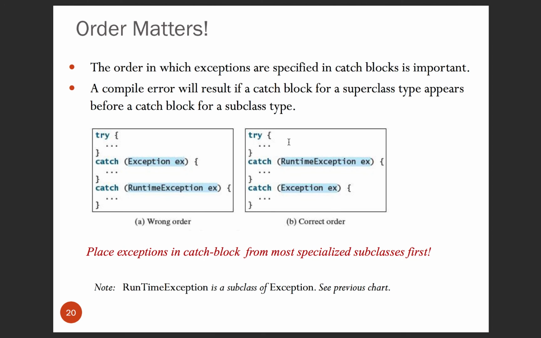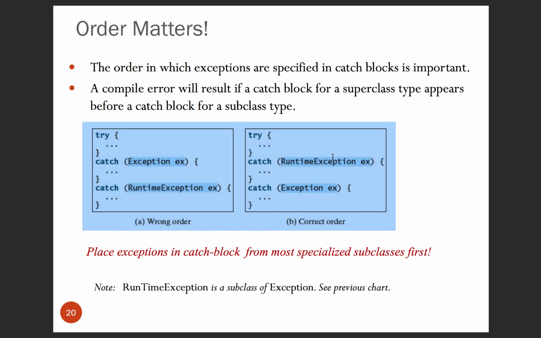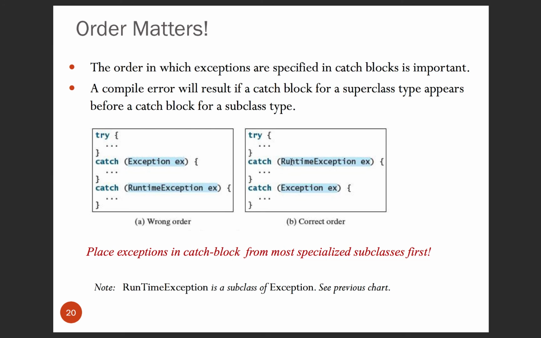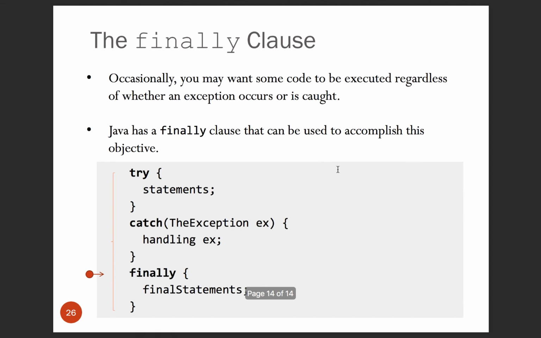So the right order is that you should always write subclass exceptions before superclass. We know that RuntimeException is a subclass of the Exception class, so you should write RuntimeException before the superclass.